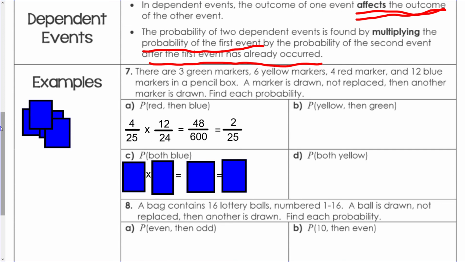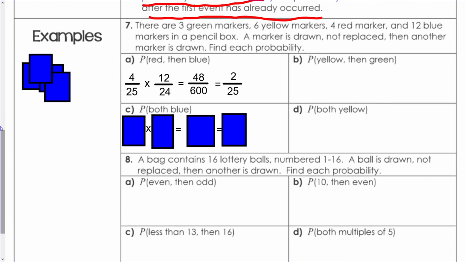Now, things get even slightly more complicated with example C, where the probability is both blue. So the probability of picking blue twice. The first one is the more straightforward one. You have a 12 out of 25 chance of picking that blue marker the first time.